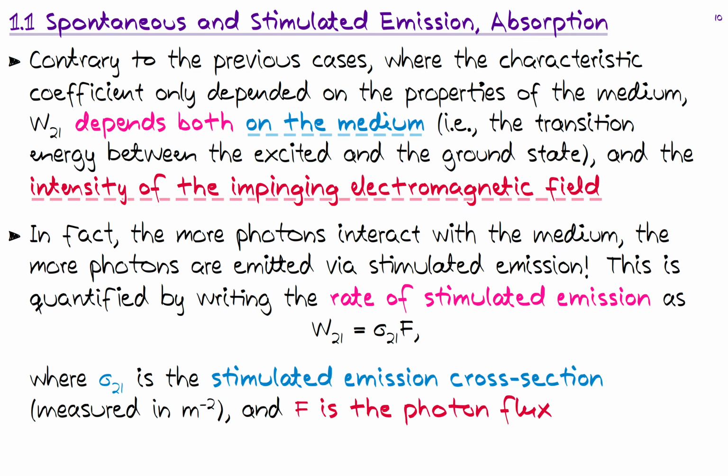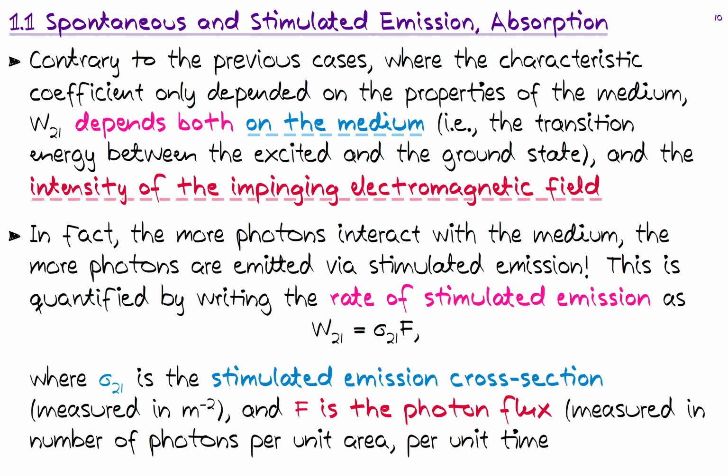F is the photon flux, measured in the number of photons per unit area per unit time, so in units of inverse seconds per square meter. So the photon flux also plays a role in the probability of this kind of process taking place.